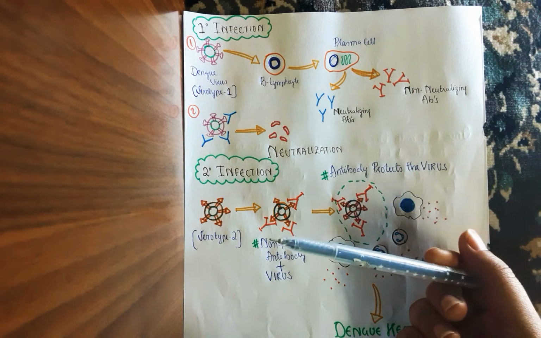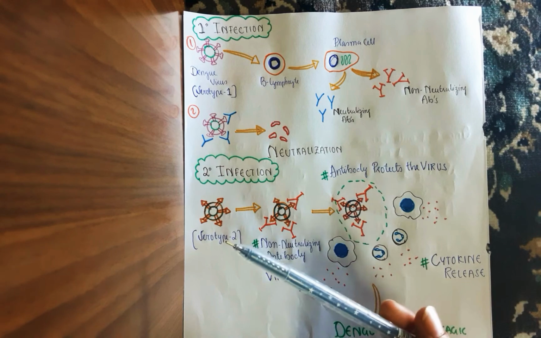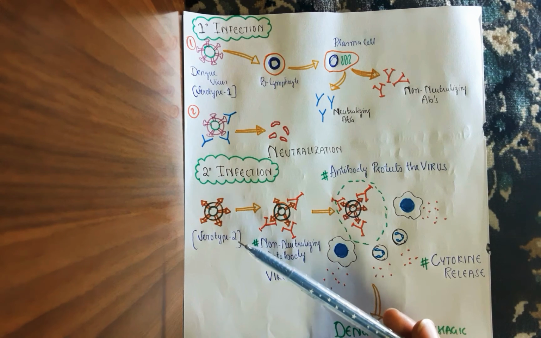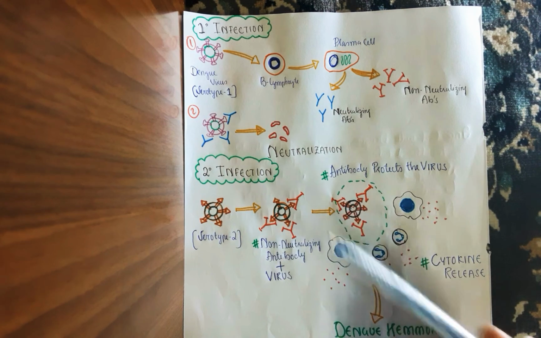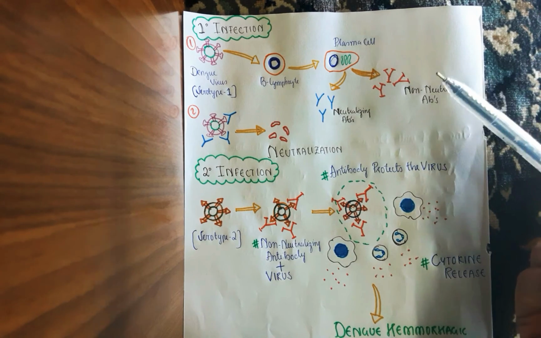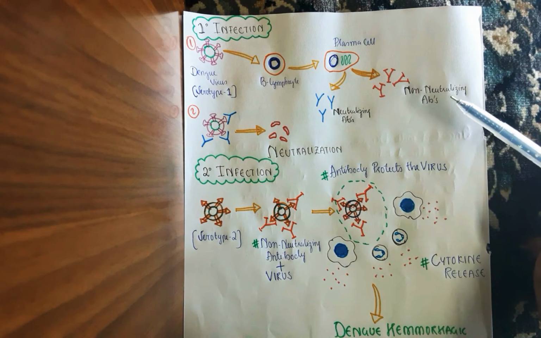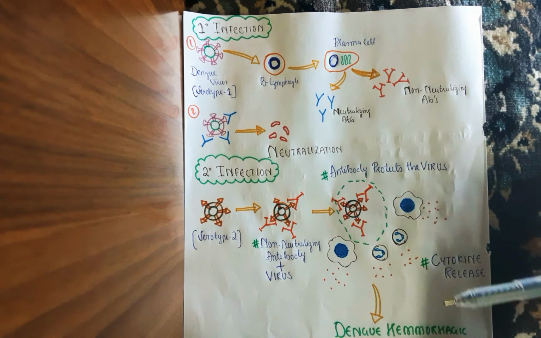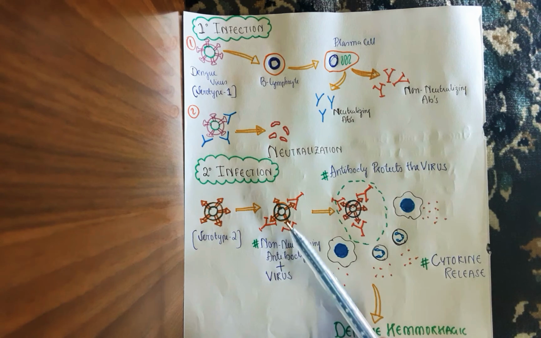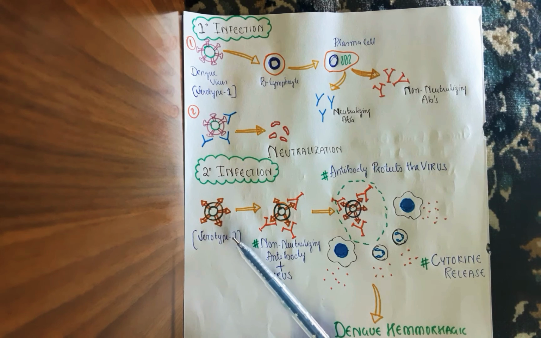But when there is secondary exposure, the second exposure, as we said, is due to serotype 2. So what happens is the non-neutralizing antibodies which were formed during the first exposure will persist for a very long time. It can even persist lifelong. So these non-neutralizing antibodies which were already there in the blood will now react with serotype 2 during the second exposure.